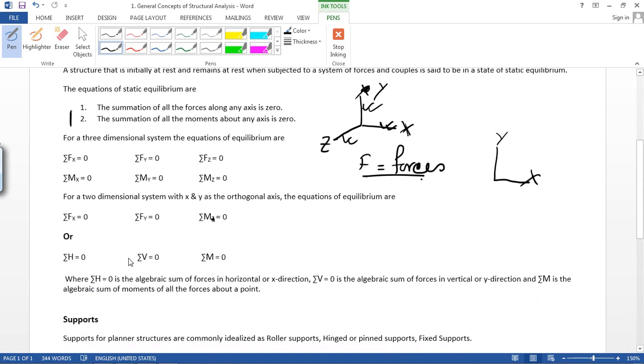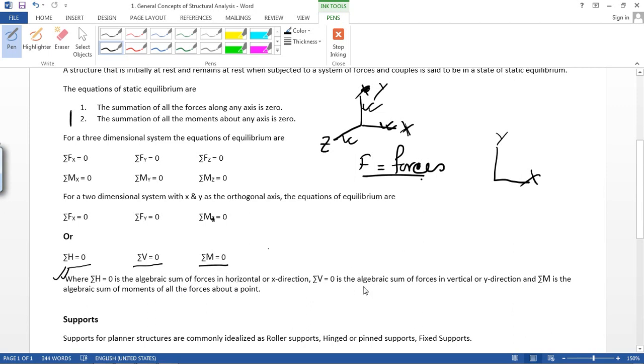Or you can say horizontal, in horizontal axis all forces is equal to 0. In the vertical axis all forces is equal to 0 and all the moment is equal to 0 about a point. You can here see summation of H means horizontal is equal to 0, the algebraic sum of forces in horizontal or x direction.